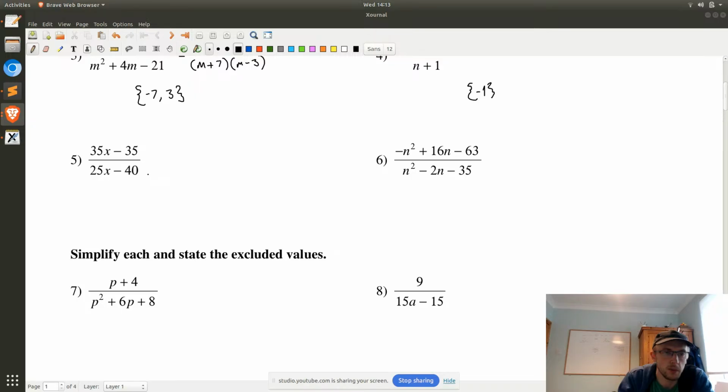In this case, we want to know when that's equal to 0. So 25x = 40, so x = 40/25, which is 8/5.